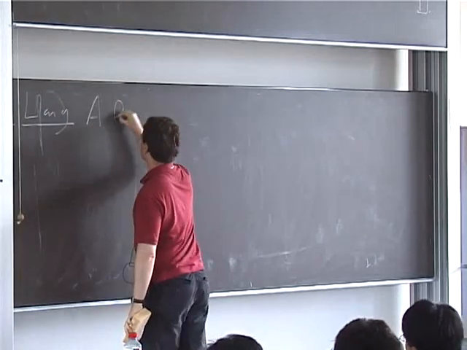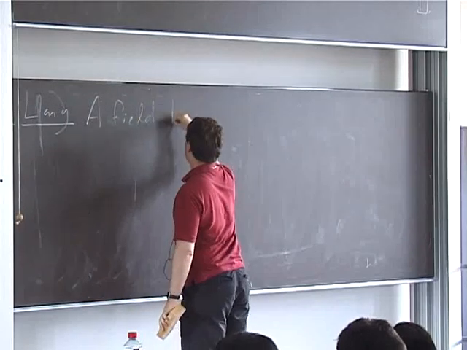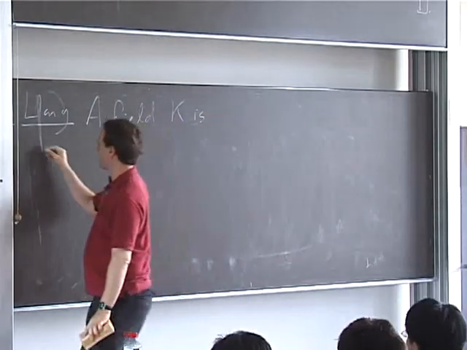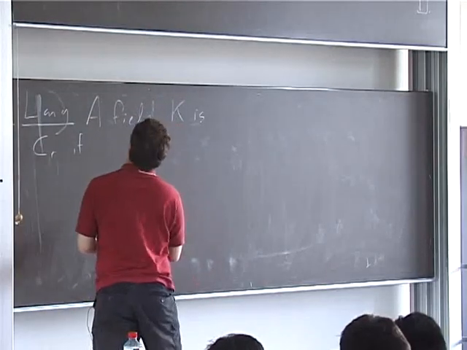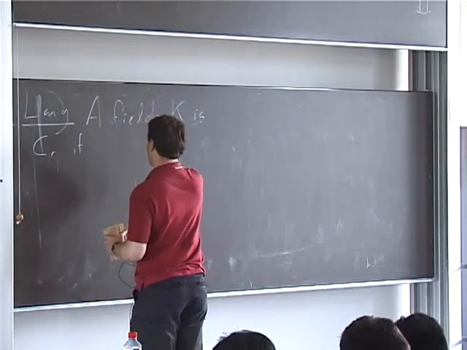A field K is called C sub R if, so it's a condition very similar to what occurs in the theorem, but a little bit more general.